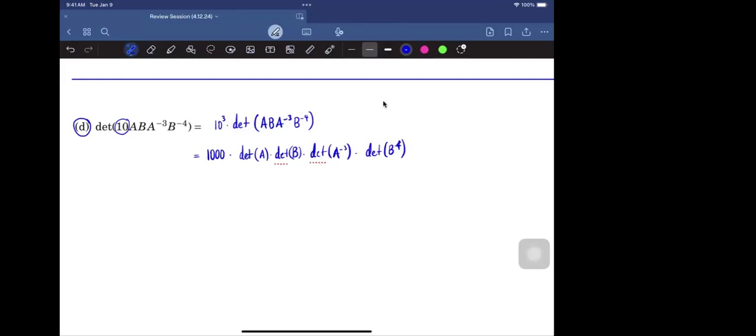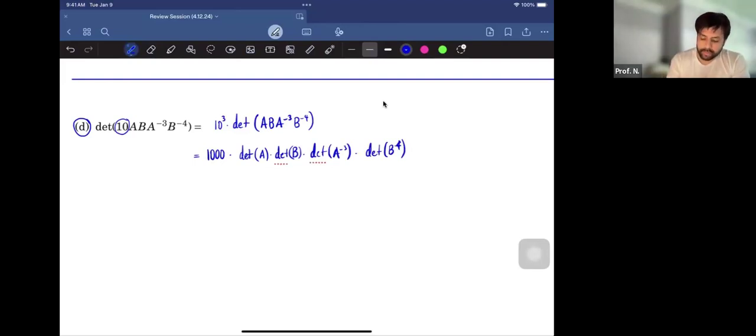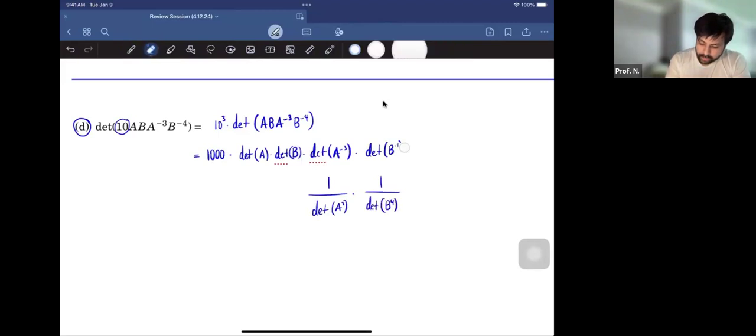But then we know that the determinant of the inverse is 1 over that, right? And this same thing goes for here.